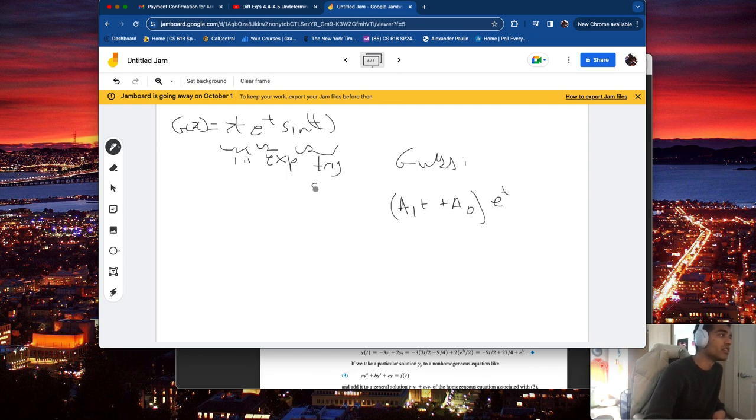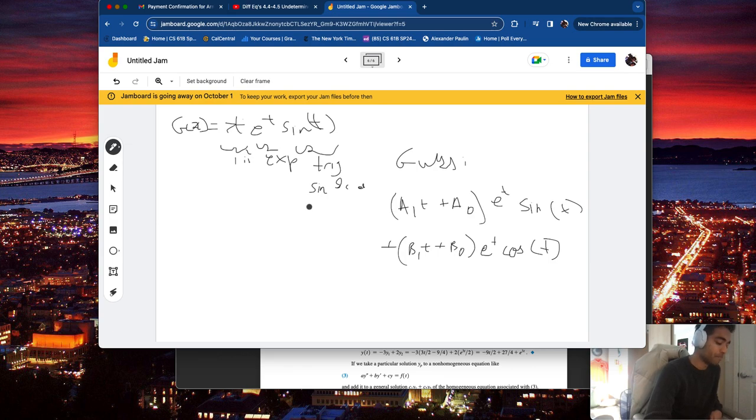And then for trigs, as we know, it needs sine and cosine, so we'll repeat the whole thing because the sine and cosine need to be balanced. So (a1 t + a0) e^t sin t plus (b1 t + b0) e^t cos t.